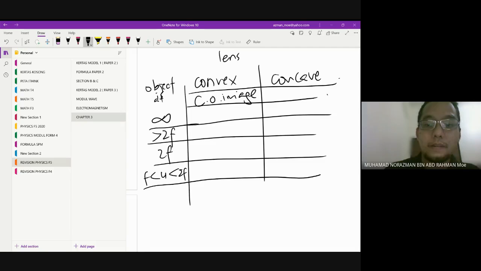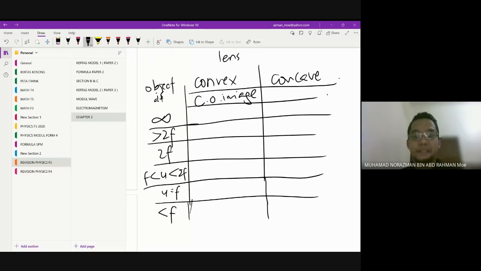Okay. Next, when the object is at f, less than f. Okay, convex.